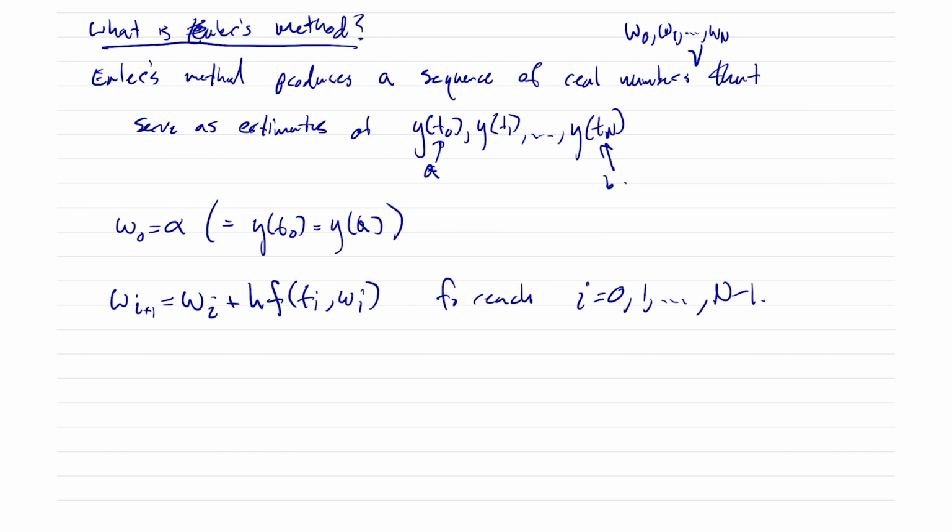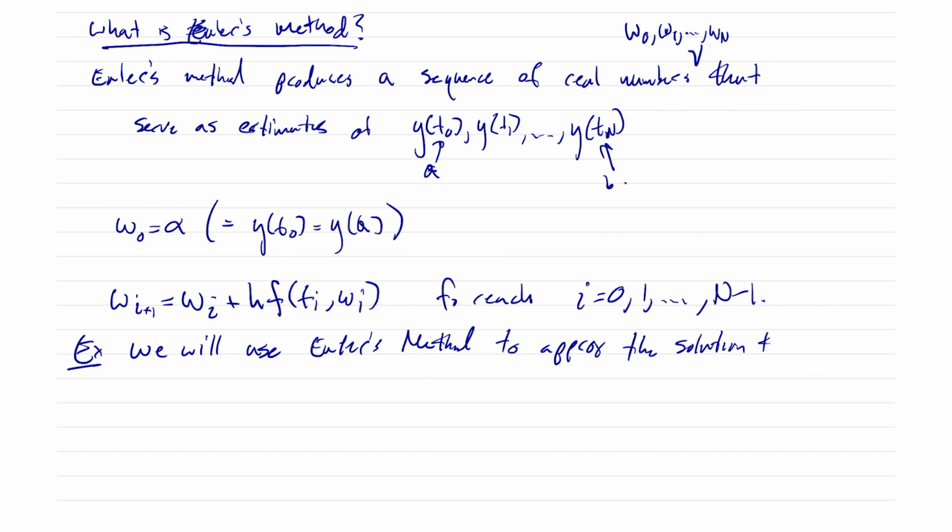Okay, so just a quick example. Again, this is an example coming out of Burden. We will use Euler's method to approximate the solution to y prime is equal to y minus t squared plus 1 for 0 less than or equal to t less than or equal to 2, and y of 0 is equal to 0.5.